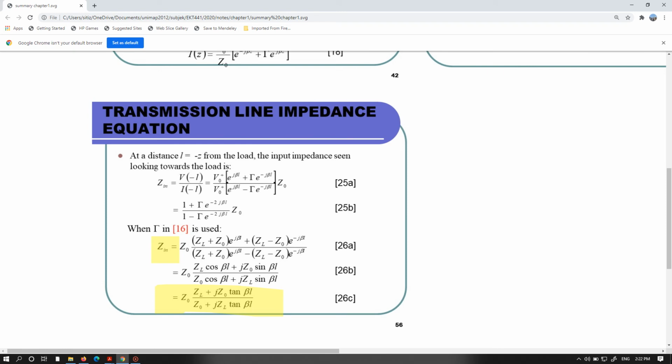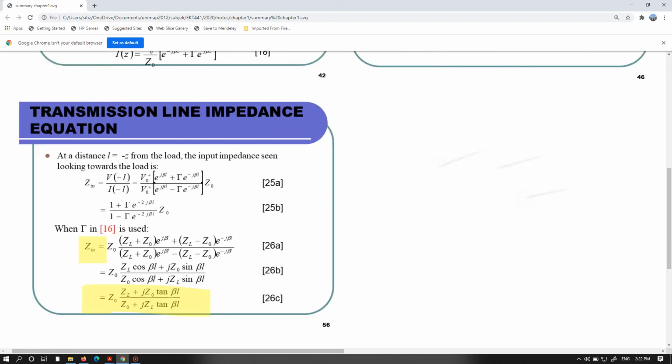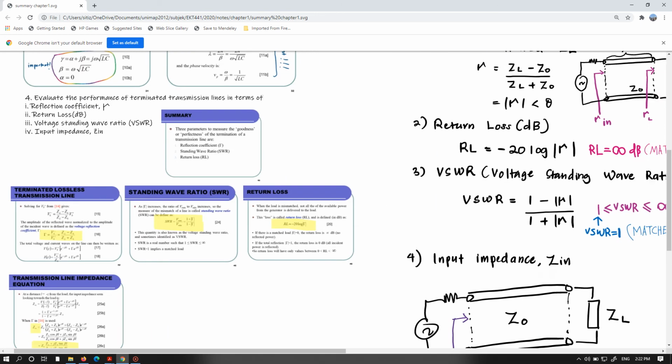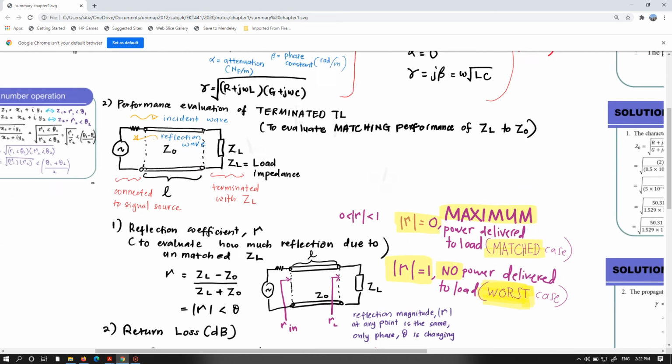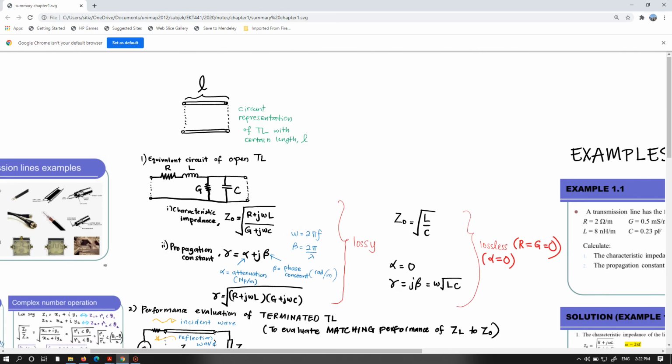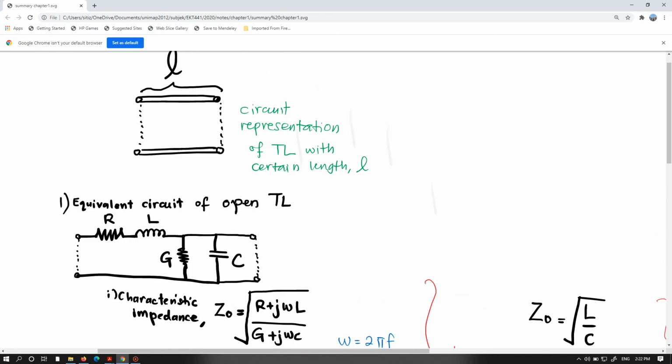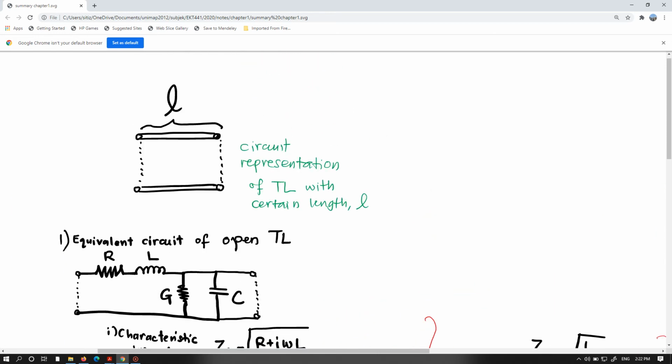Okay, I will explain this in detail here. We know that any transmission line can be represented in terms of a two-conductor wire like this, with a certain length. A transmission line definitely has a length.